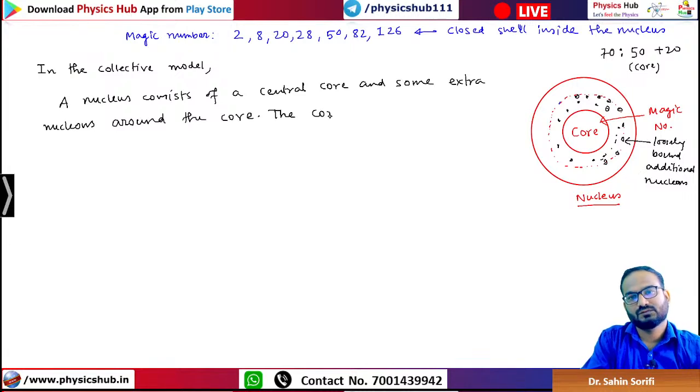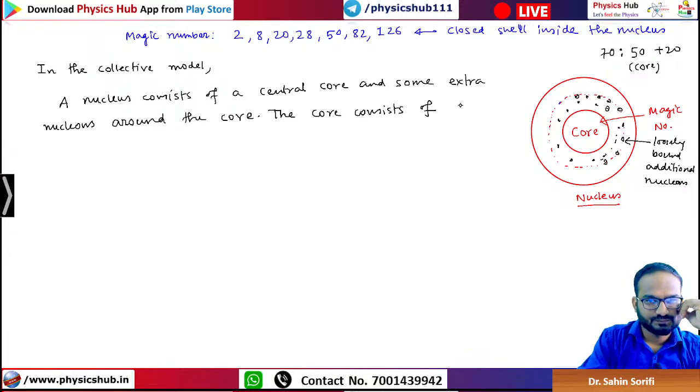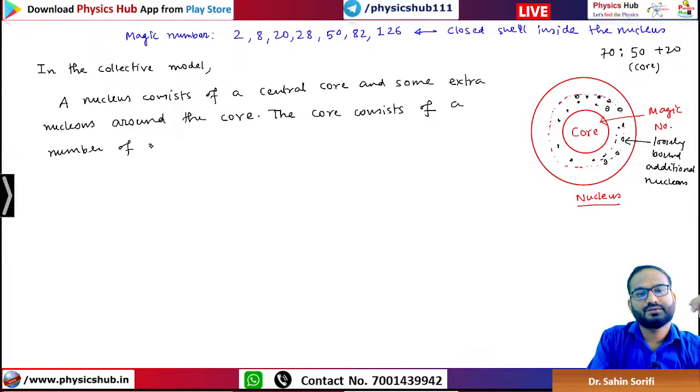The core consists of a number of nucleons equal to the magic number.